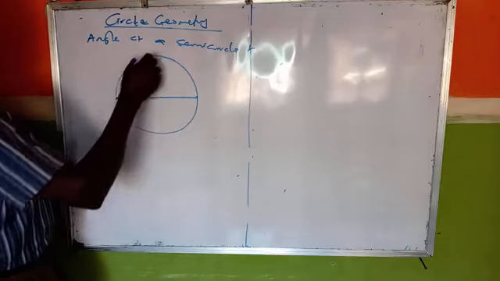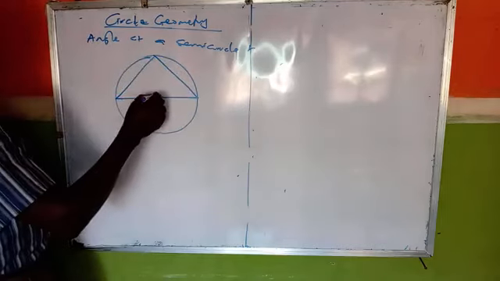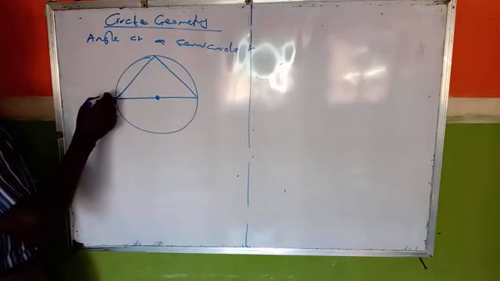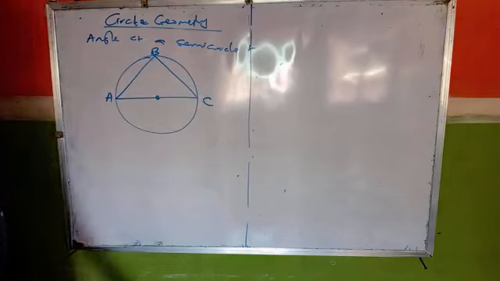Let's say you have this center. Let's call this place A, B, C. We label it like that.